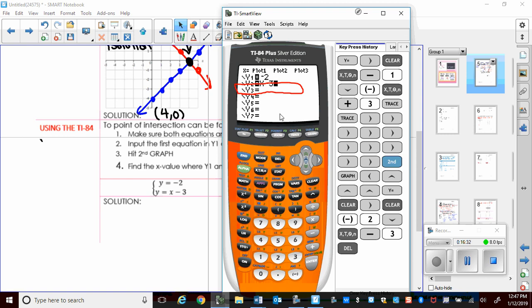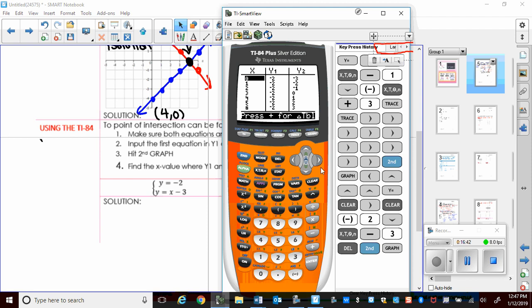And then, if you're following directions, you're pressing second graph, and we're looking for where the y values are the same. We look, and it's where x equals 1, my y values are the same, so that's the particular place for our solution.